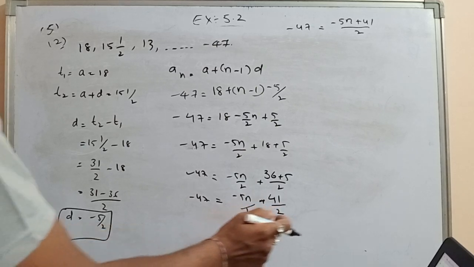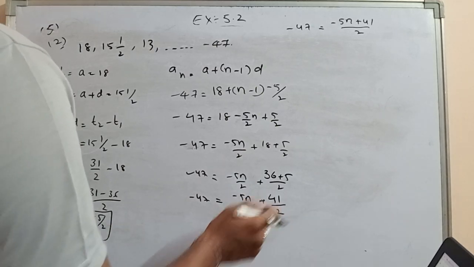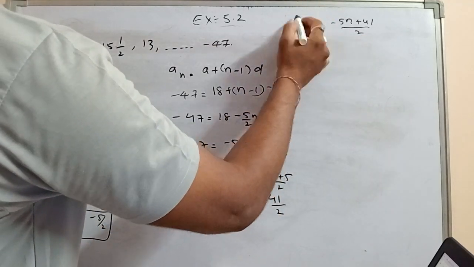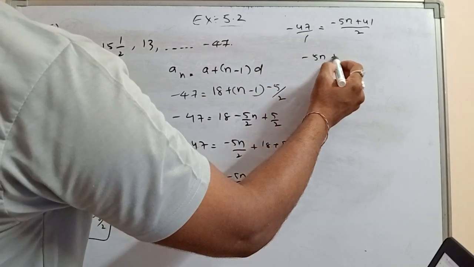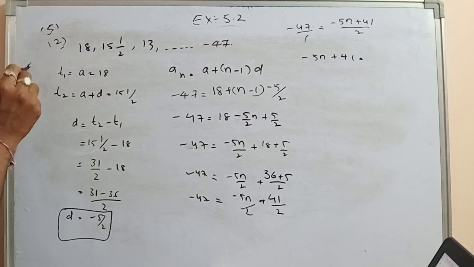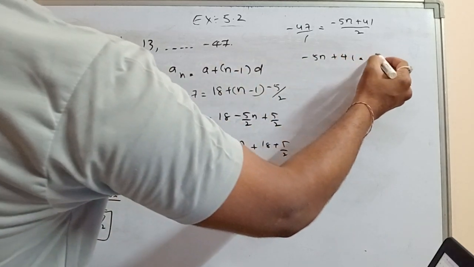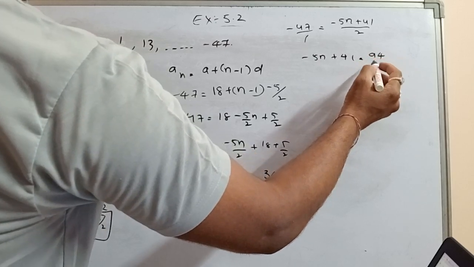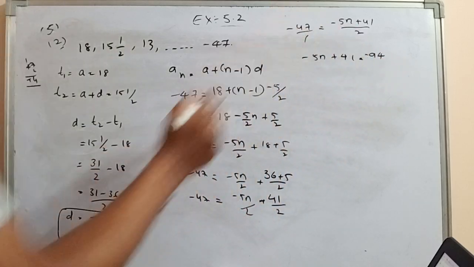2 is common over here in the denominators, so this is cross multiplying. Minus 5n plus 41 is equal to, it becomes 47 twos, 94, minus 94.